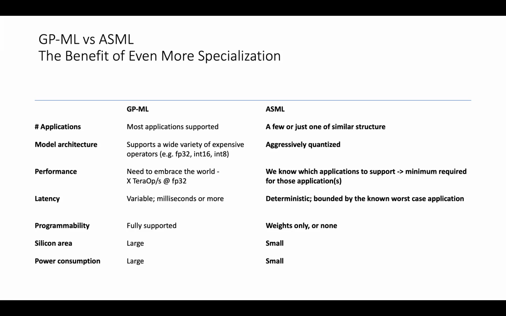The performance for generic purpose ML is usually on the millisecond time, and the latency is variable because it has to interact with the memory subsystem. In an ASML, I want to have a very deterministic latency, and we want to use the minimum resources that we can use. So in generic purpose ML, we have to talk about fully programmable machine learning, but in an ASML, we can decide which layers are going to be programmable or no layers being programmable at all, okay?